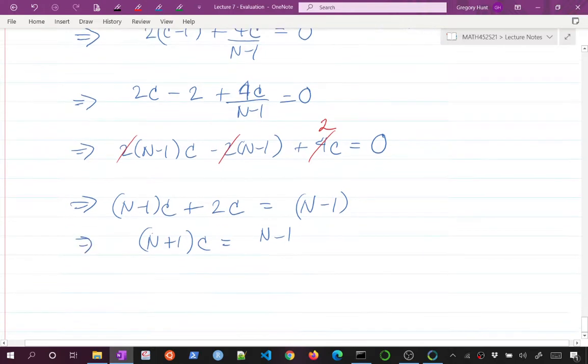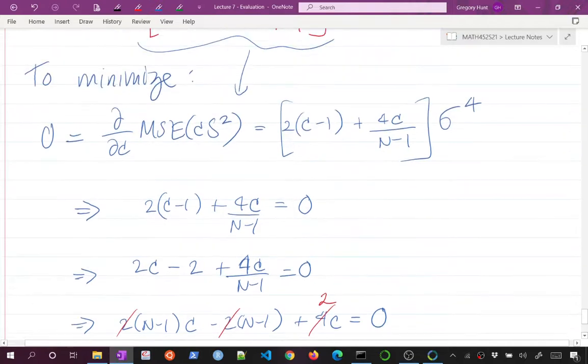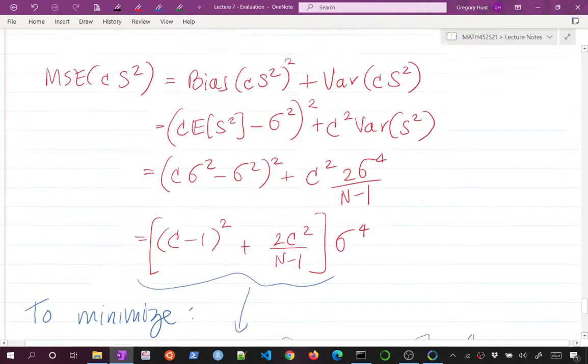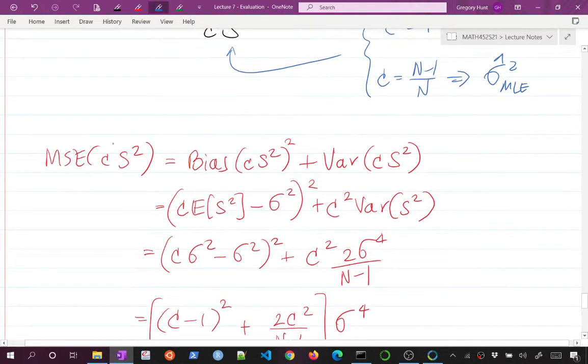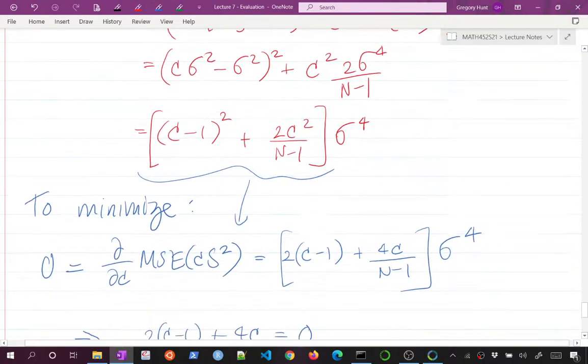And ultimately, if you bear with me through the boring algebra, we find that the c that minimizes my MSE is n minus 1 over n plus 1. Right? All I did was calculate the MSE of c times s squared, and then I took a derivative of it with respect to c.